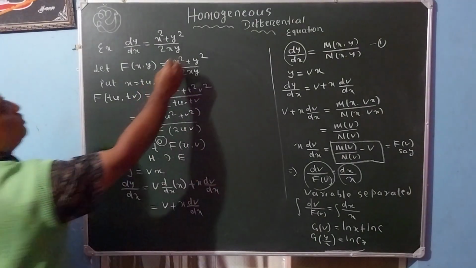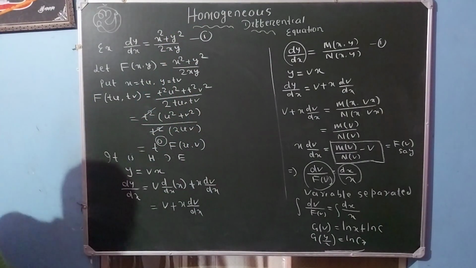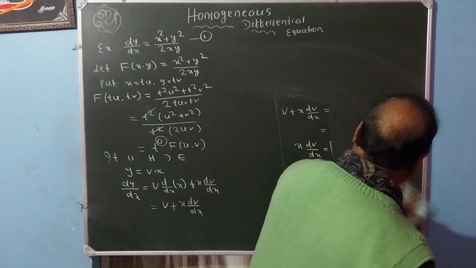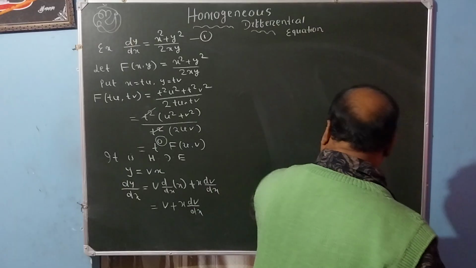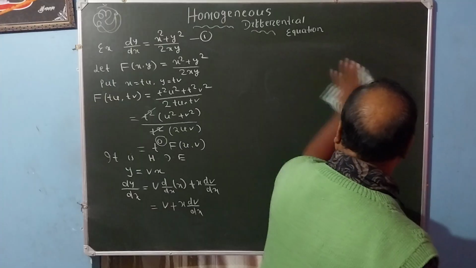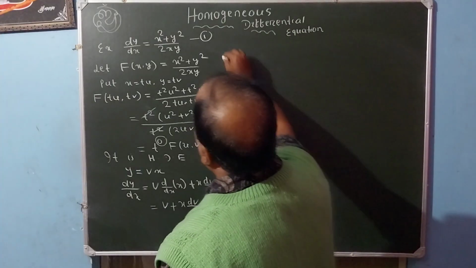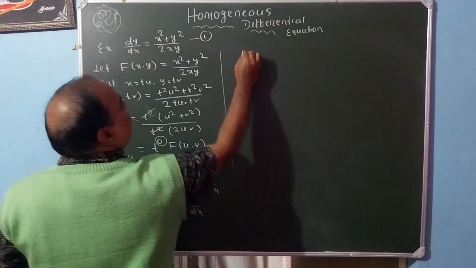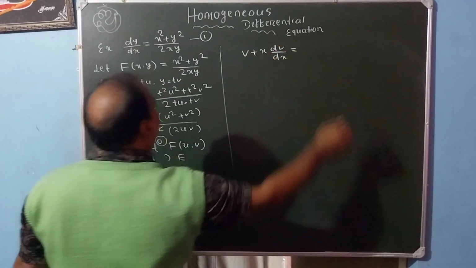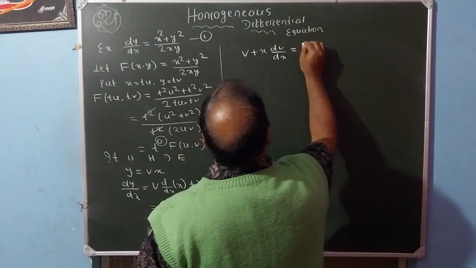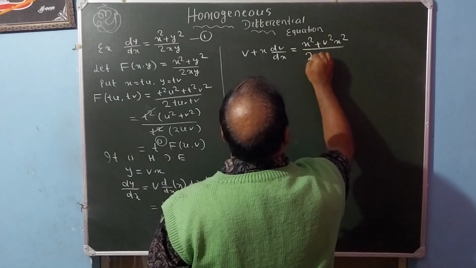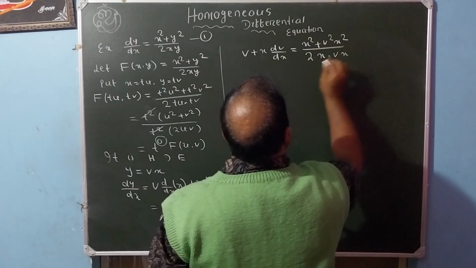So now the equation 1 becomes, in place of dy by dx, we have to put v plus x dv/dx is equal to (x square plus v square x square) divided by 2x into vx.